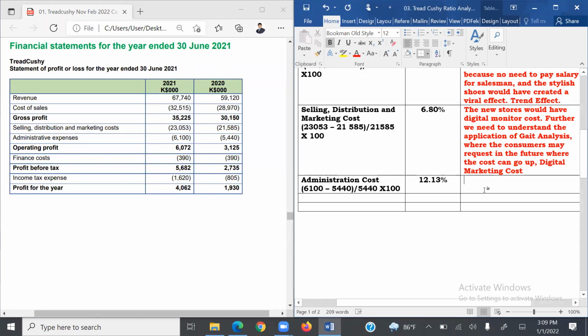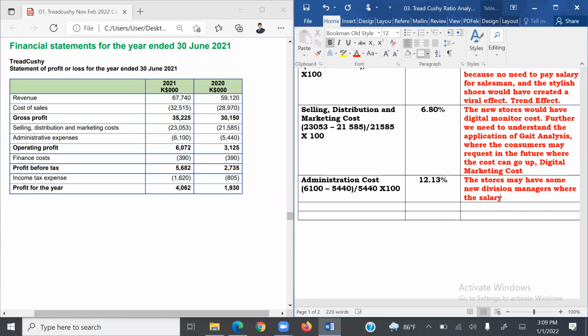I can specifically say the new stores may have some new divisional managers, because when you are opening new stores in another 6 regions, the salary of divisional managers may go up. So that is administration cost. Further, there can be product development cost, because here they consider product development as administration.